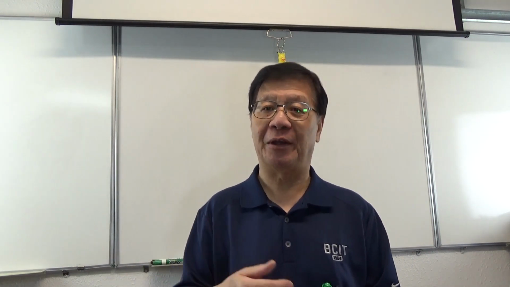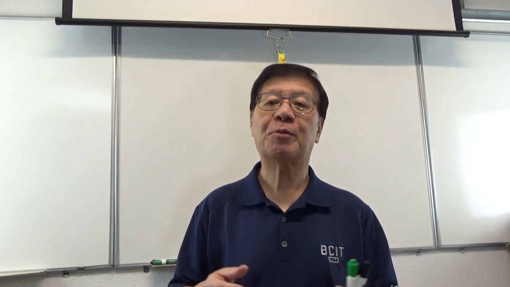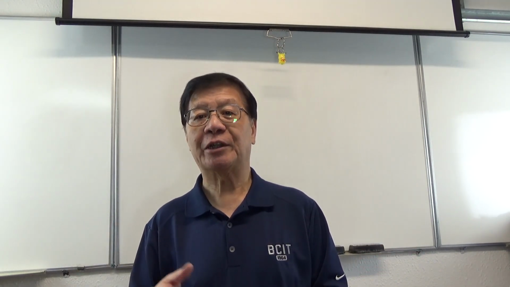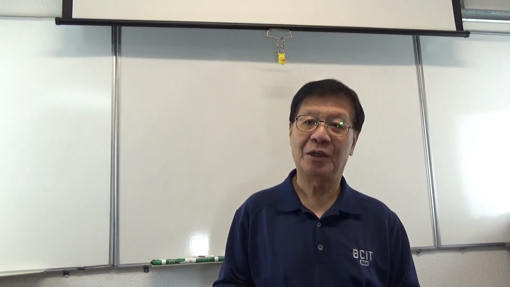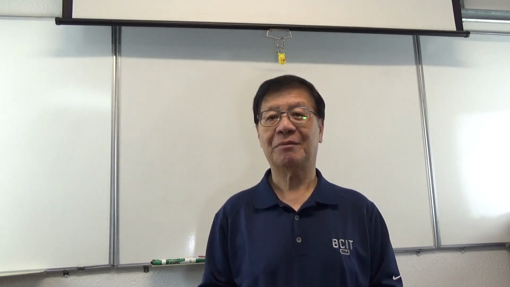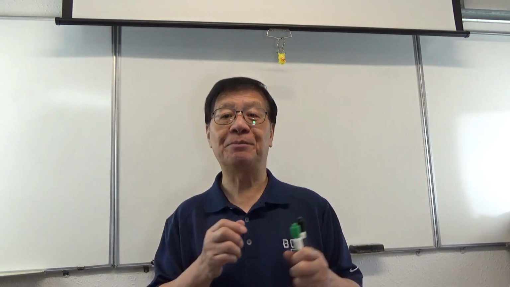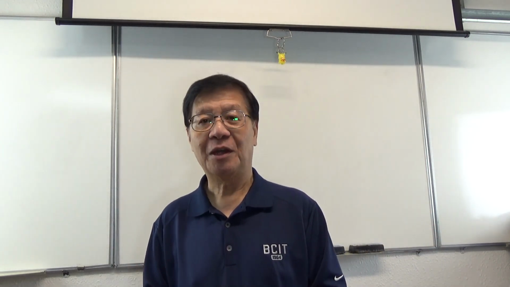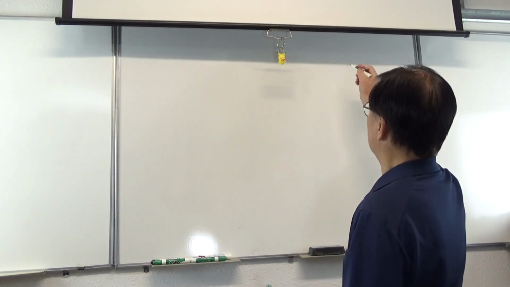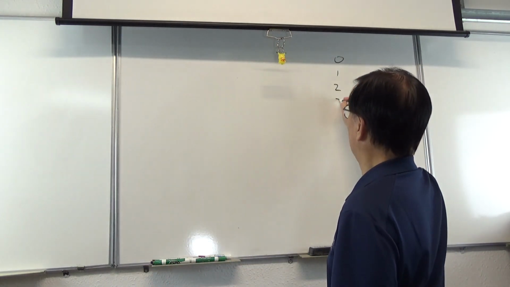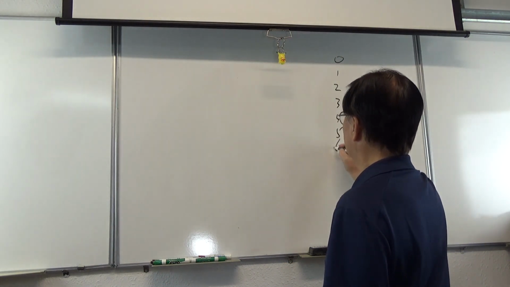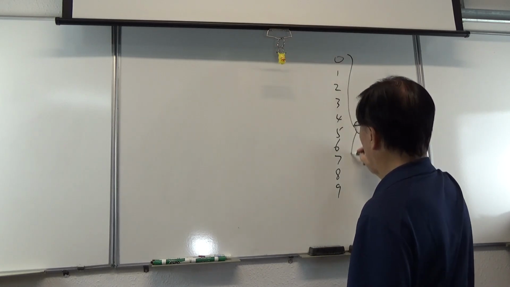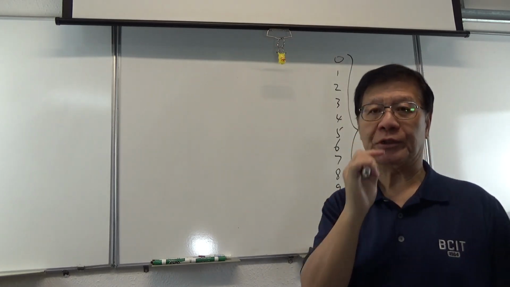To represent math numbers, the most popular numeral system in the world is the decimal system, right? The so-called base 10. We have 10 symbols to represent numbers: 0, 1, 2, 3, 4, 5, 6, 7, 8, 9, right? 10 symbols.